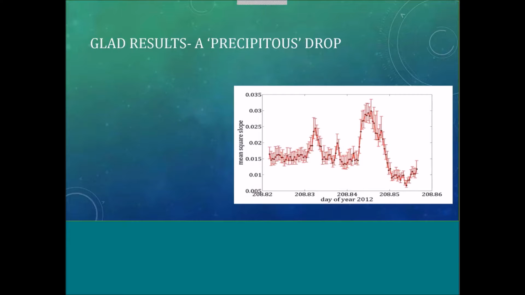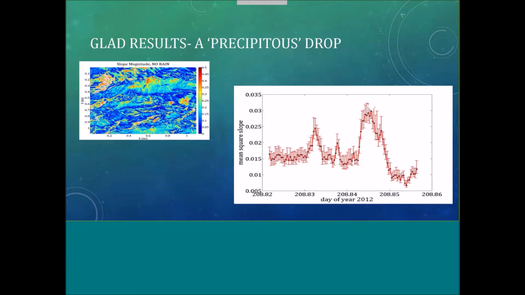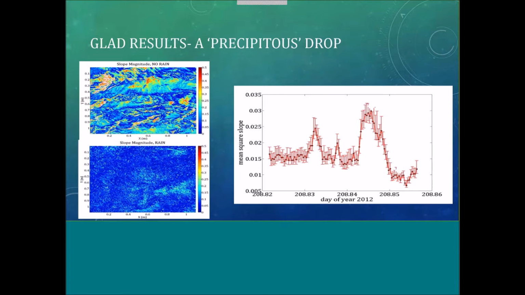This is sort of unprecedented detail on these things, because not only can we measure these little details, we can measure them really fast, at 50 times a second. So here's an example. This is what was happening before, and during this part of the image, a kind of rough surface like that. And then it started raining, and it just damped everything out here at the end.